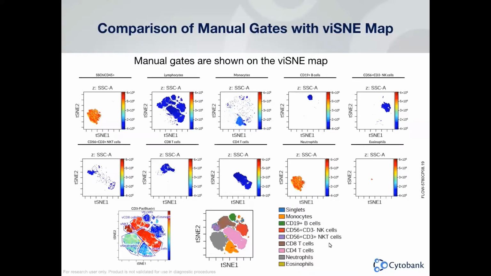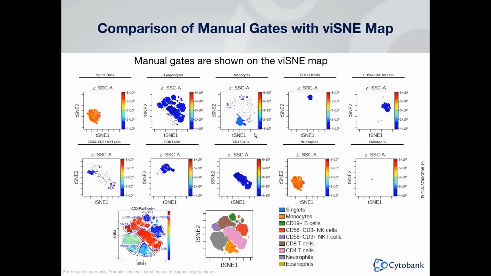If I overlay my manual gates on the viSNE map, you can see it matched pretty well, with each of my manual gates laid at the same place where viSNE identified populations are, like the pink CD4 and the brown CD8. However, if I separate each manual gate and check the map position, you will see some interesting stuff.